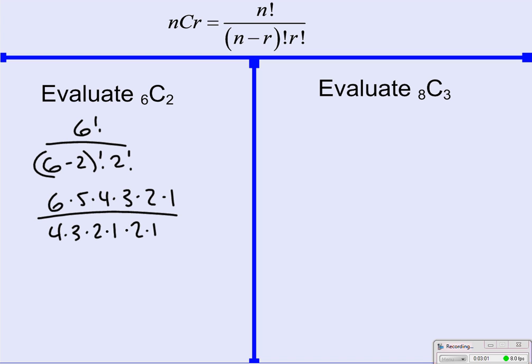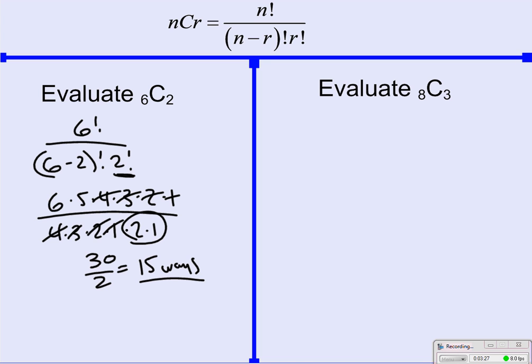Okay, remember, order doesn't matter. So that means A, B, and BA are the same. So I don't count it as many times. So when I cancel these out, if I just did that, then it would be like a permutation. But I've got this last factorial here. So this ends up being 30 divided by 2. So there's 15 ways to do this.